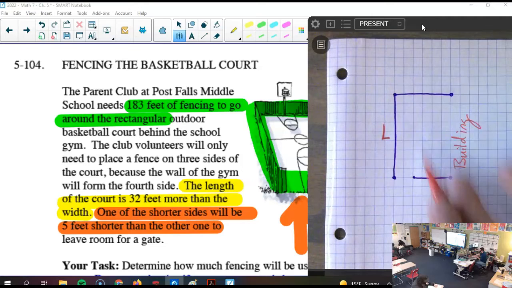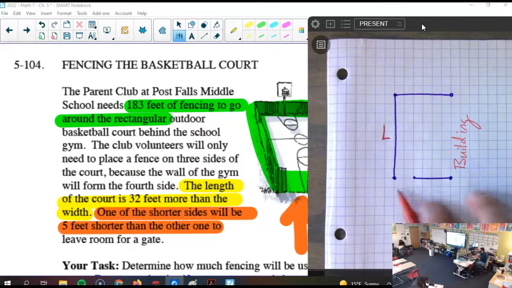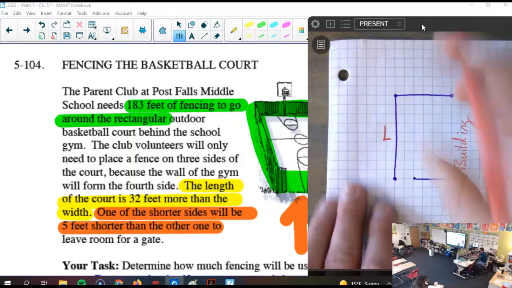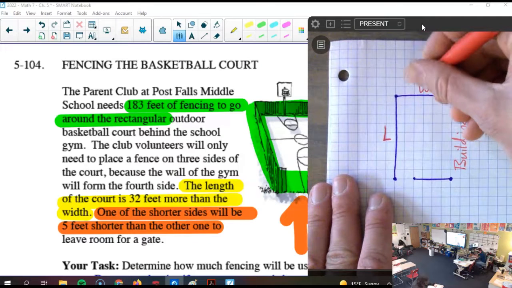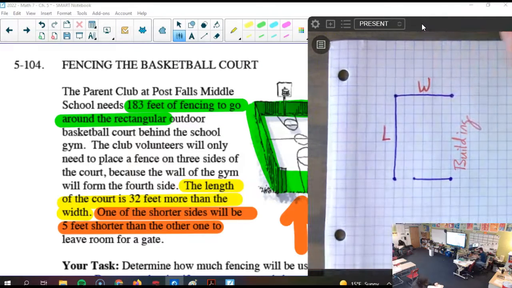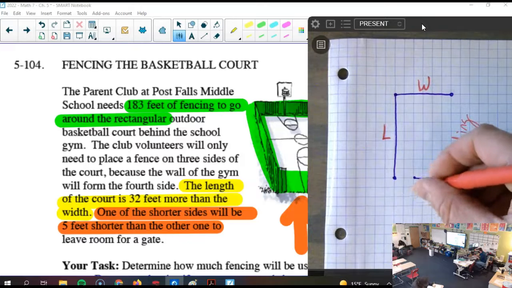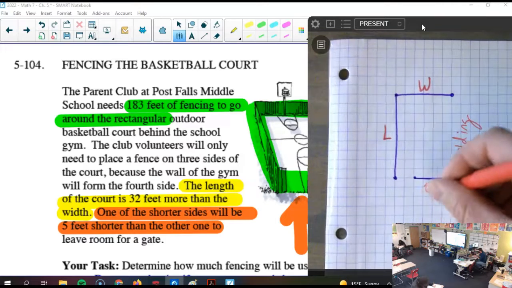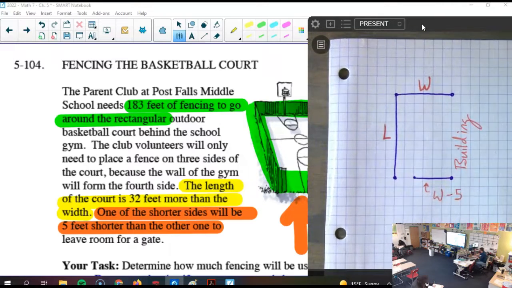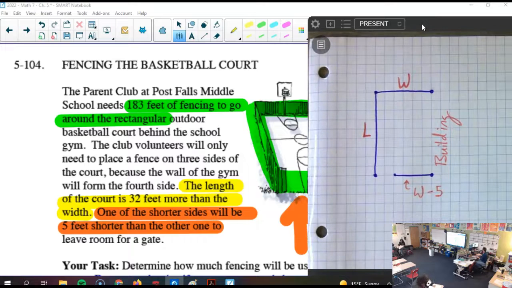Yeah, on one of the other sides, but we also know one of them is shorter, so my drawing left a gap for the gate, right? So we'd probably put W up here. And down here we could do W minus 5, because they told us that fence is the width, but take away 5.